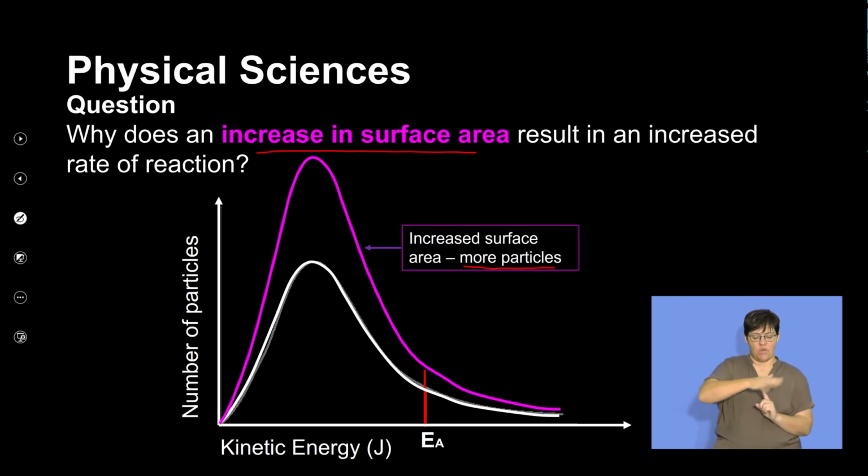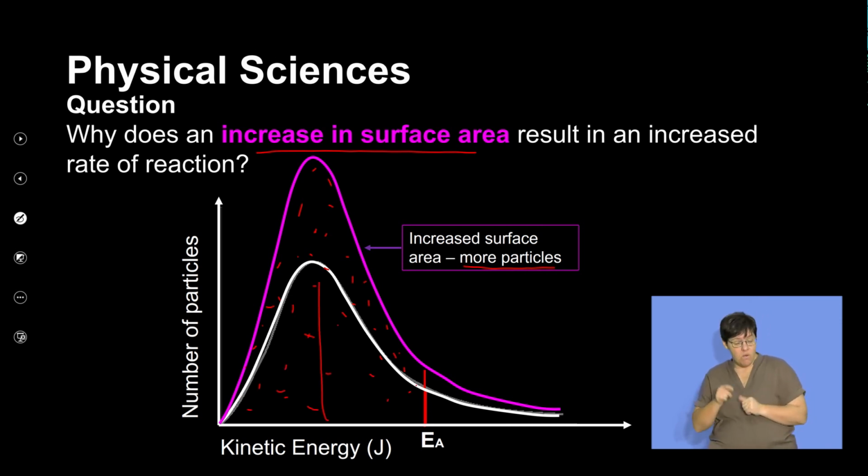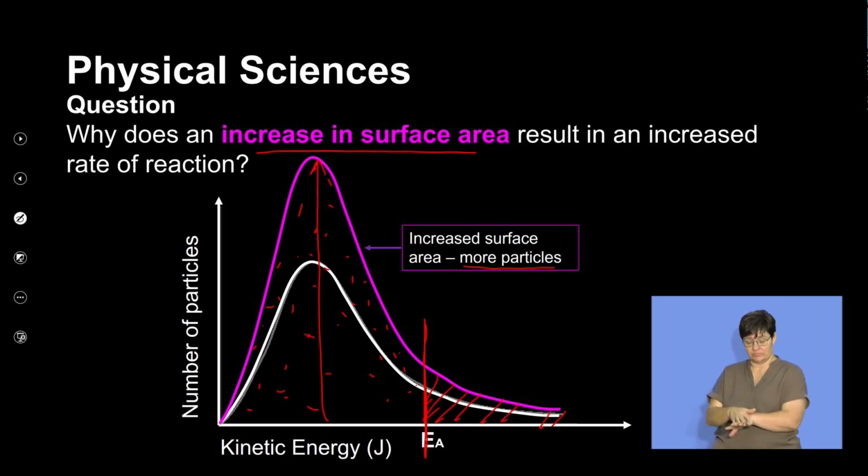So when we use powder, more particles interact during the reaction. We have more particles that actually have that average kinetic energy, and we can see that this entire part results in effective collisions.